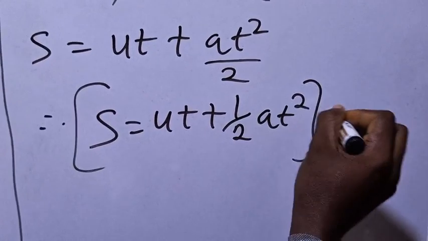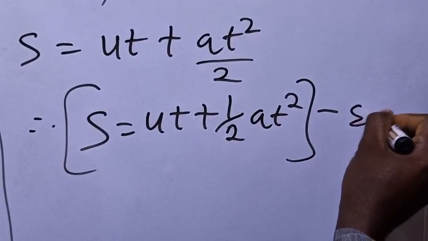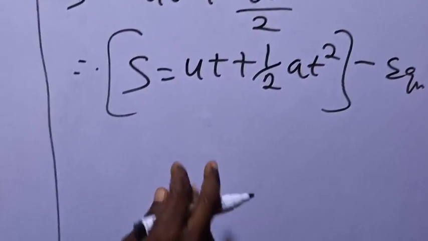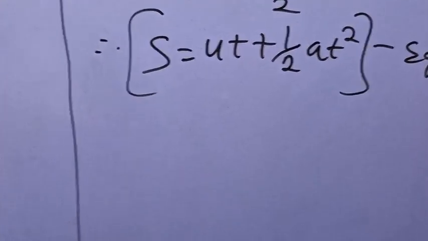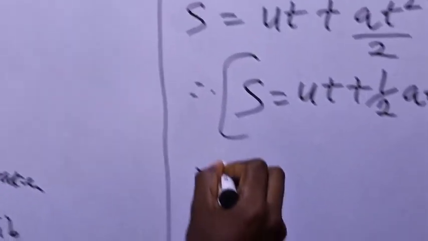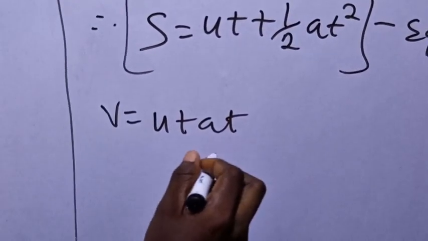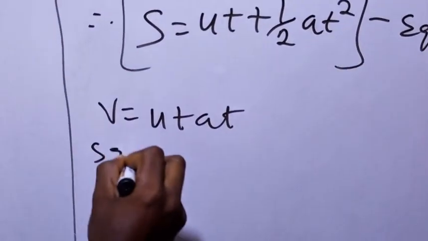We call this equation 2. Now, to get equation 3, we still refer back to equation 1, which is v equals u plus at. Now we square both sides.